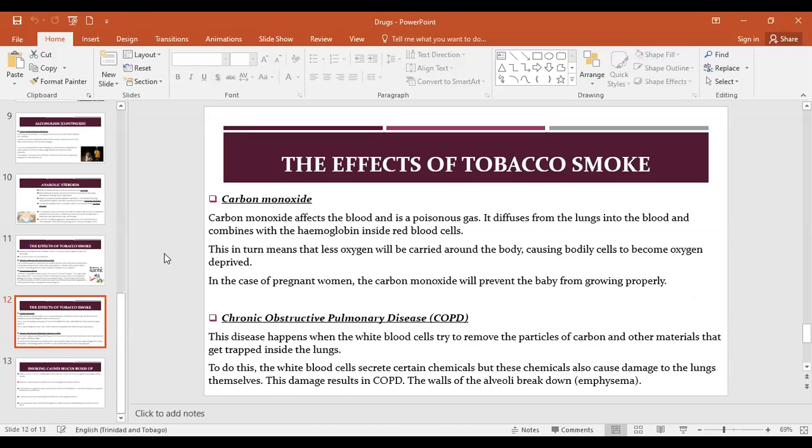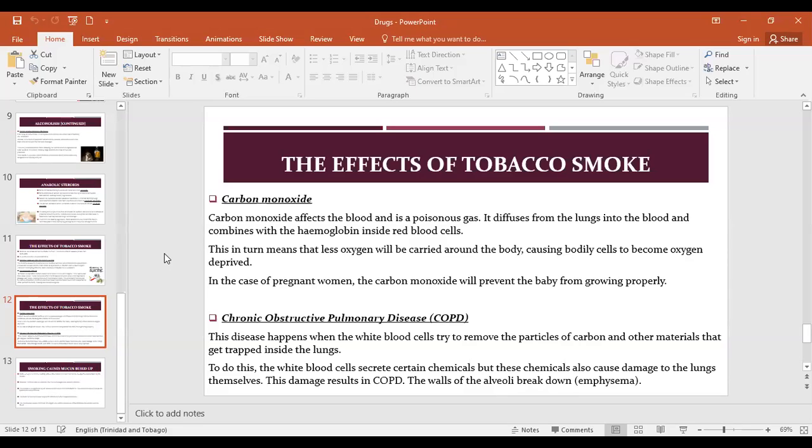All right. So apart from all of that, you also get carbon monoxide from smoking, right? Now, remember, carbon monoxide inhibits the absorption of oxygen by hemoglobin in your blood. So hence the reason you can get carbon monoxide poisoning.